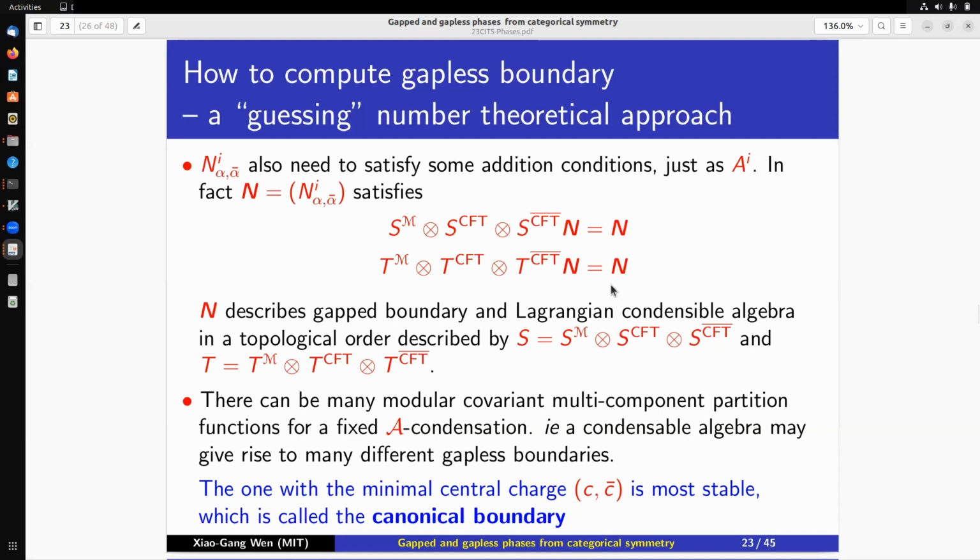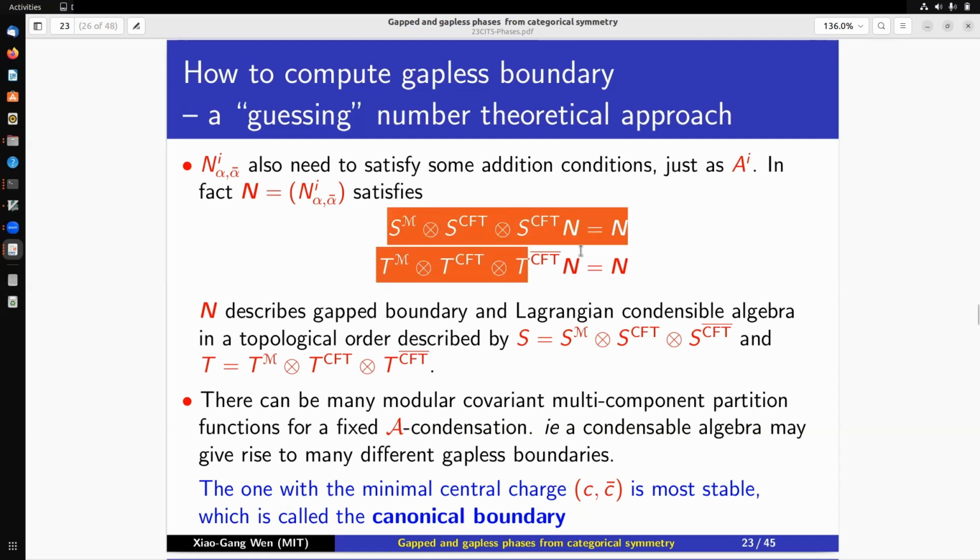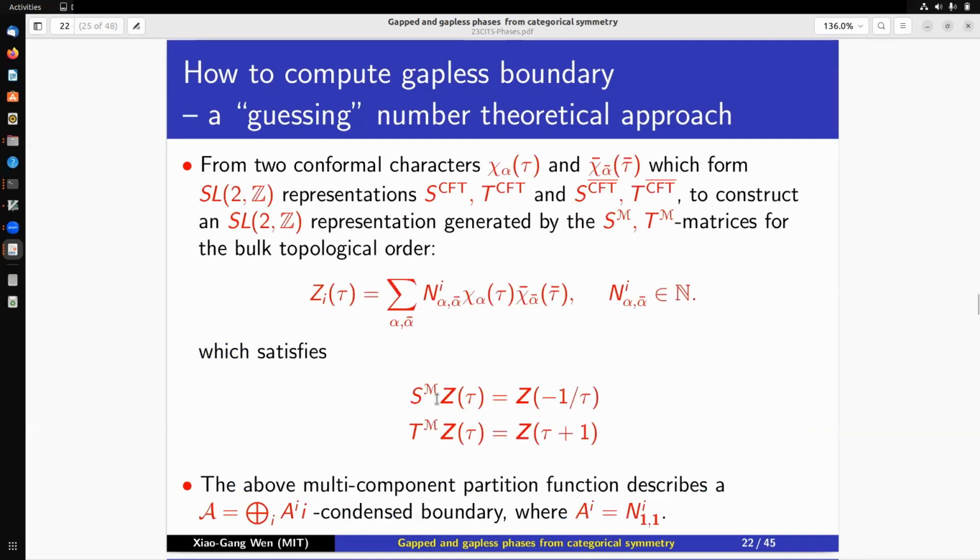Okay. So therefore we can find this solution. Usually we may find many solutions, even for the given symmetry and ST matrix. But those different solutions usually have different central charges, meaning different gapless excitations.